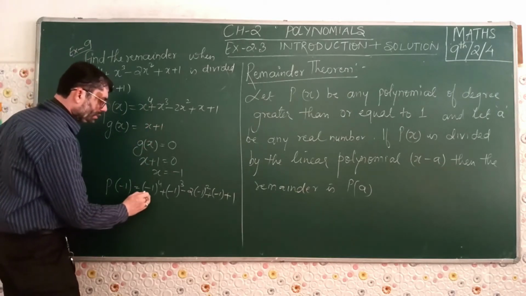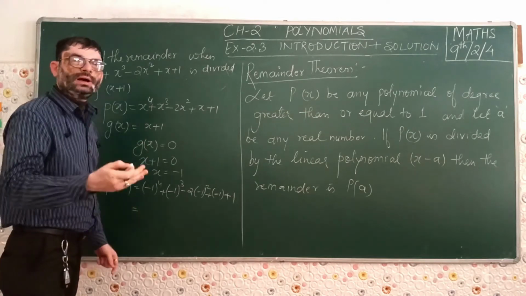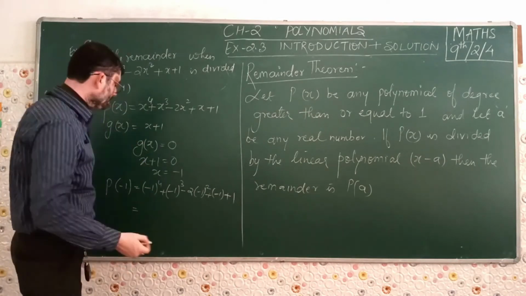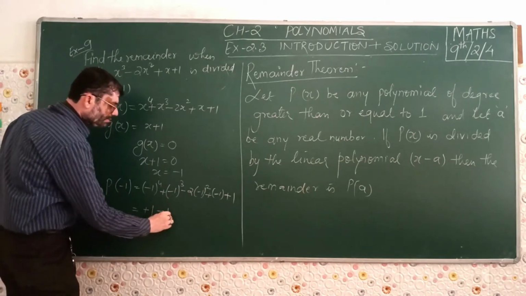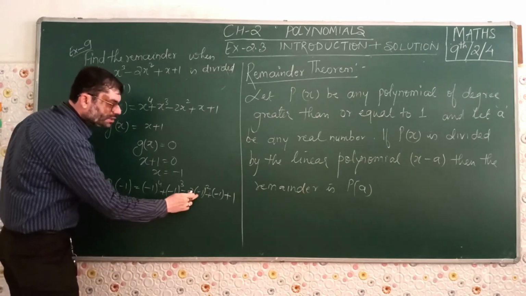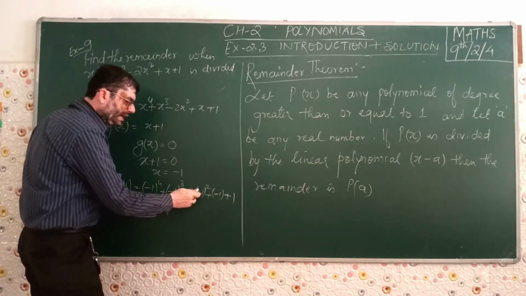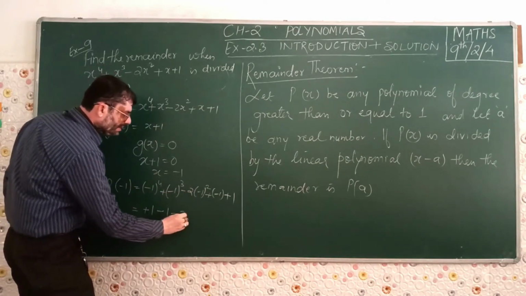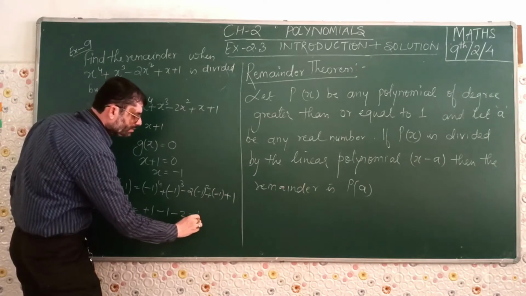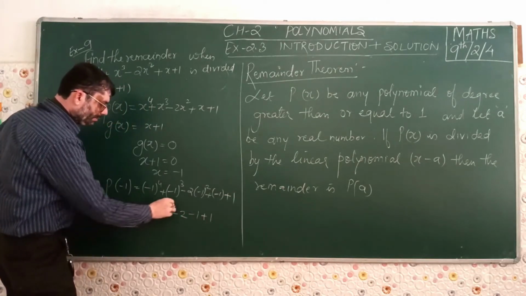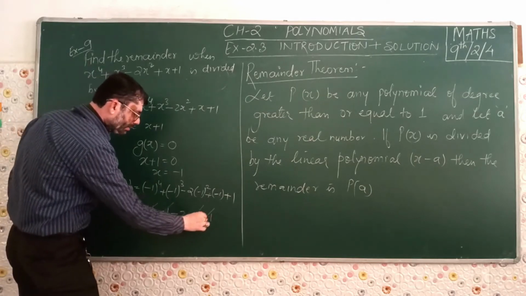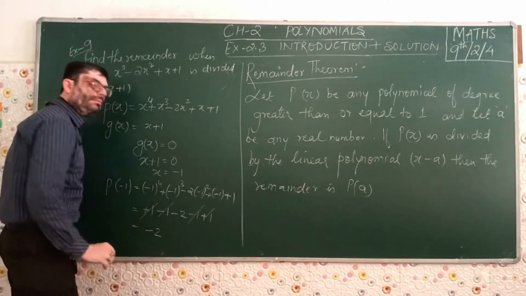So minus 1 to the power 4, minus 1 into minus 1 into minus 1 into minus 1, so this is plus 1. Minus 1 cube, this is minus 1. And minus 1 square is plus 1, and plus 1 into minus 2 is minus 2. Plus into minus, minus 1 and plus 1. So this plus 1, minus 1 cancels, this minus 1, plus 1 cancels, and we get minus 2.